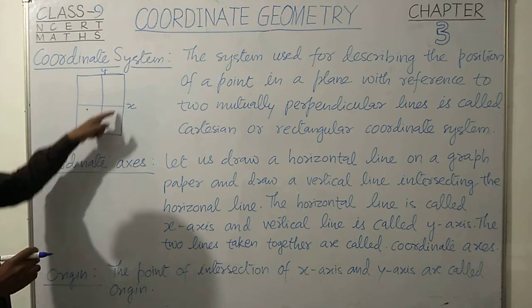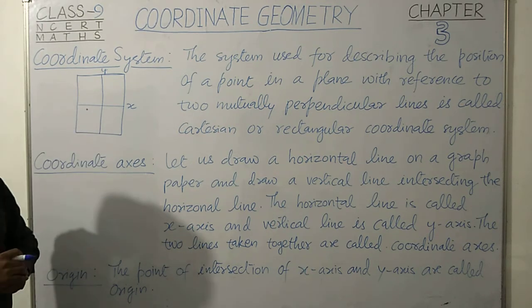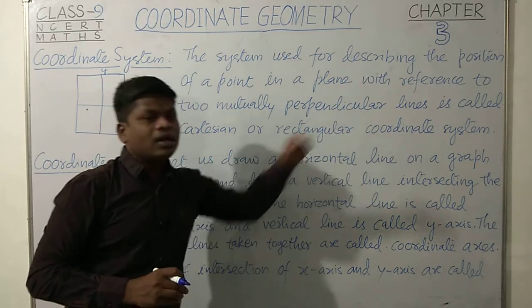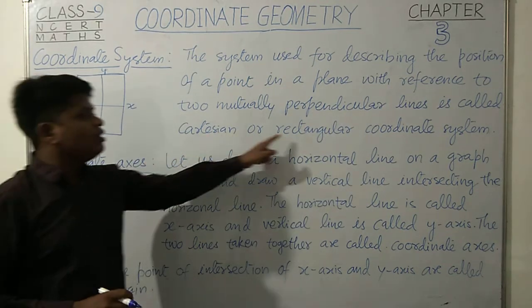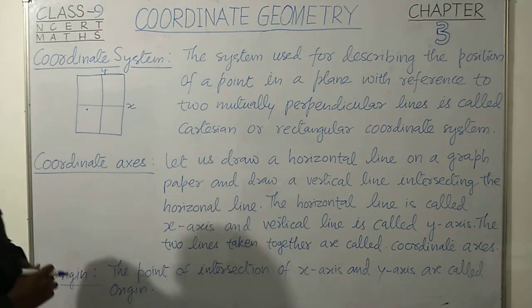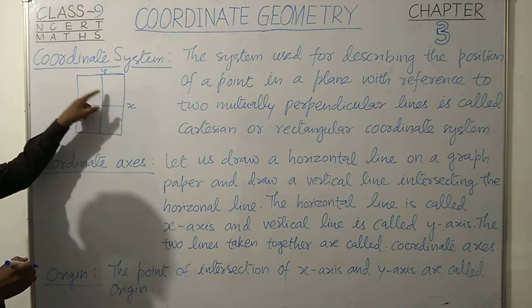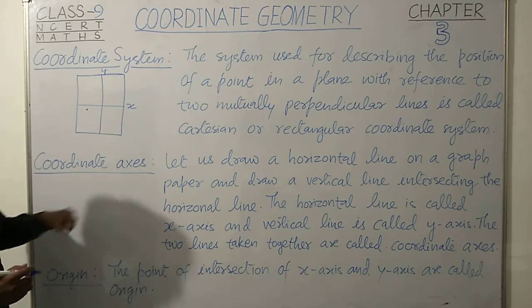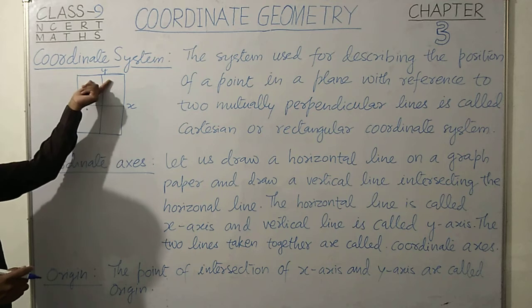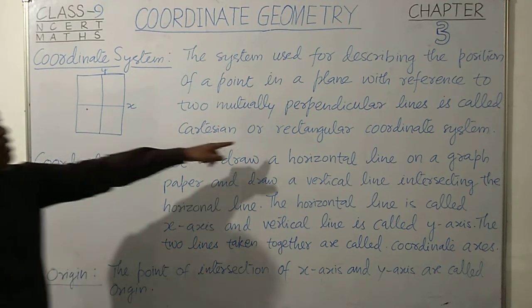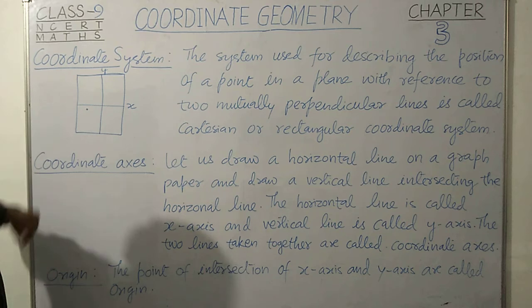You can see that they are mutually perpendicular to each other, and this is the reason they have written two mutually perpendicular lines is called Cartesian or the rectangular coordinate system. So on this rectangular plane, as I have drawn these two mutually perpendicular lines, one is the x-axis and another is the y-axis. So you can see that the rectangular coordinate system is ready, right?